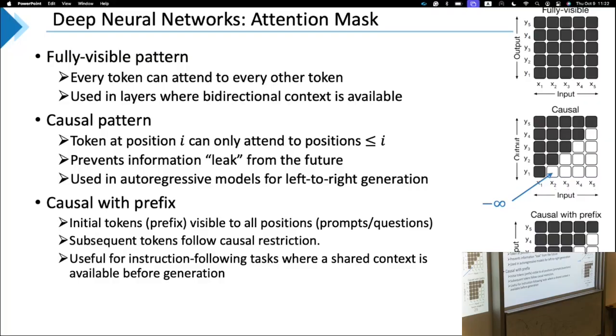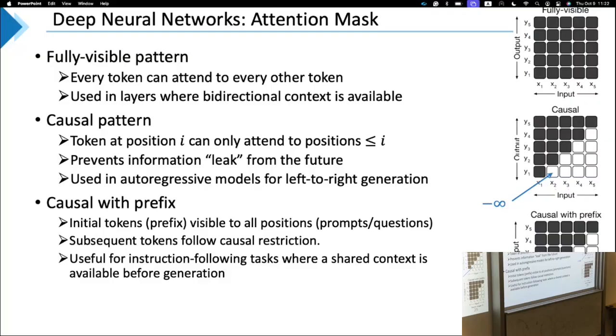And people later on realized that only the fully visible pattern or the causal pattern is not enough. So people tend to use the causal mask with a prefix, which means you split the attention mask into two parts. For the first part, you use the fully visible attention, and for the second part, you use the causal attention.